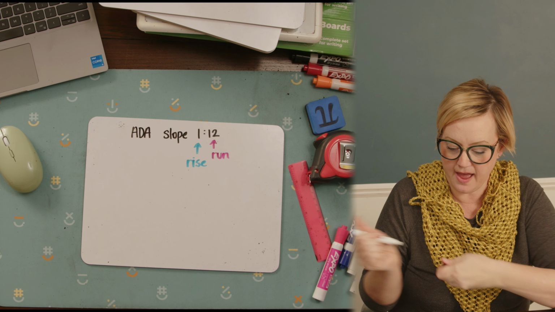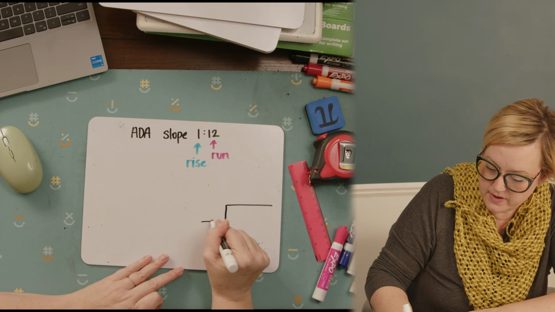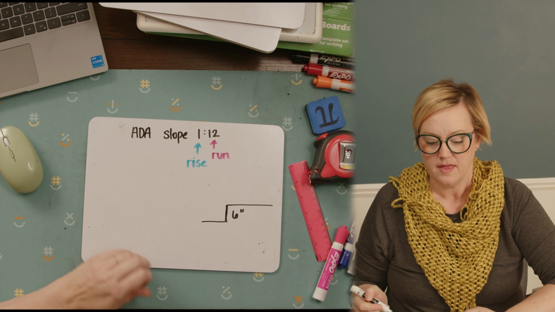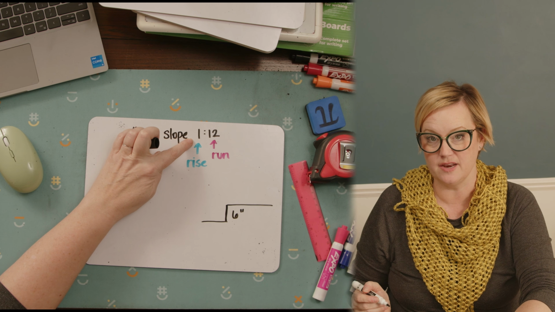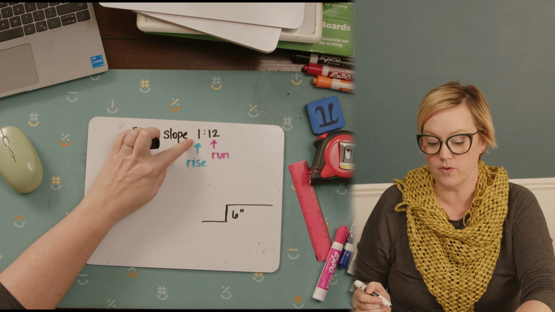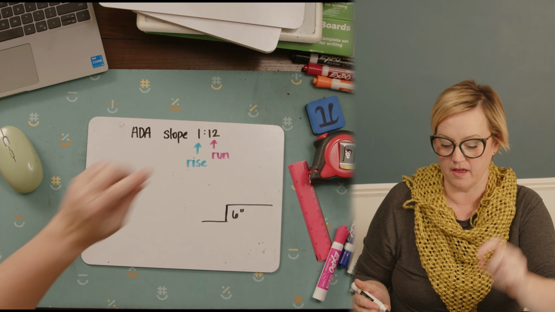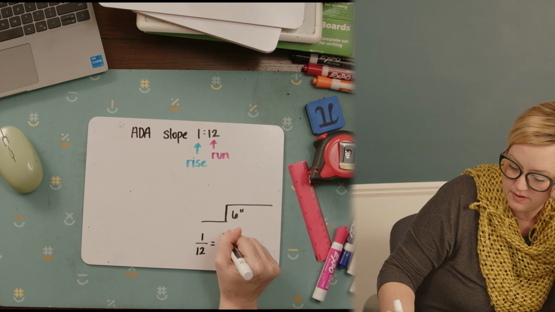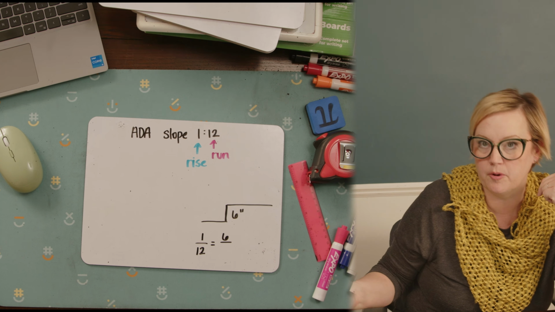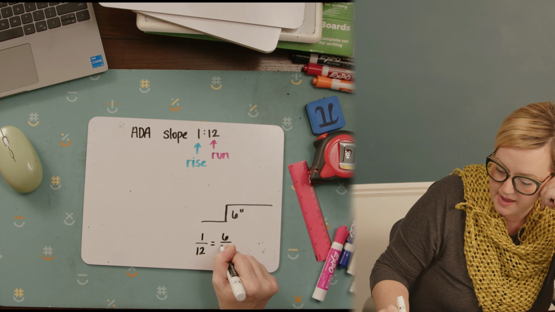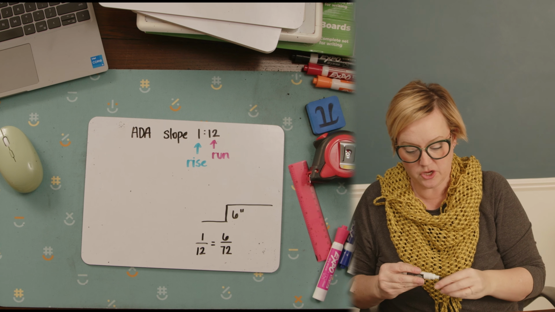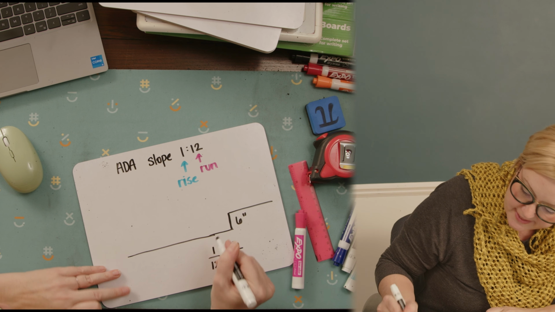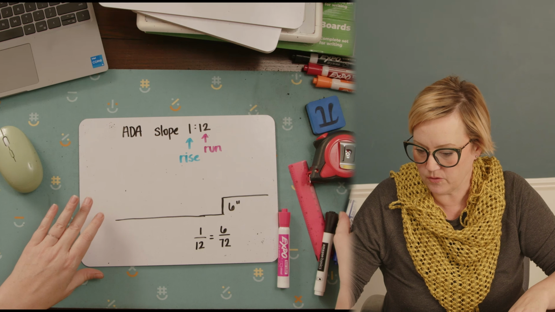So if you have a step that you need to get up and it is 6 inches tall, right, that means that your rise is going to be 6. So your run has to be 6 times 12. So it has to be 1 to 12. Look at this, we got a proportion too. 72, right?